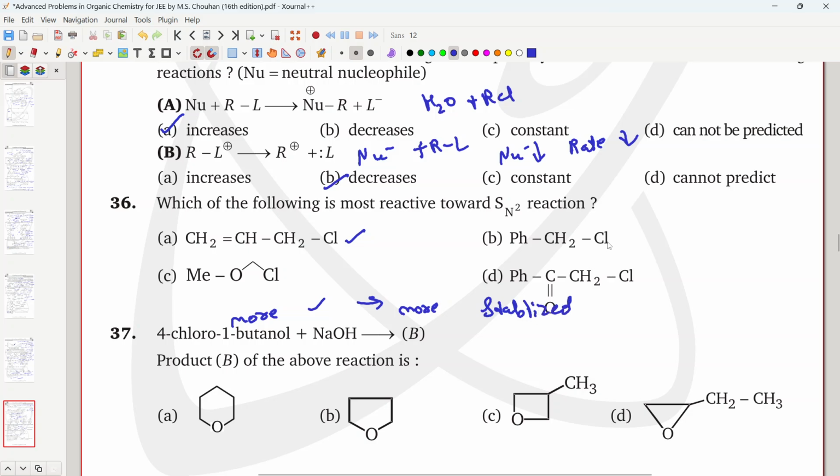Benzyl chloride has stronger resonance stabilization. Now chloromethyl ether. Oxygen exerts a, wait, no, a minus I effect, helping somewhat. Now D, the carbonyl strongly withdraws electrons and stabilizes the transition state the most.